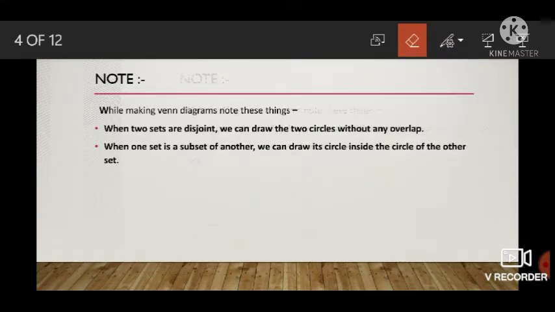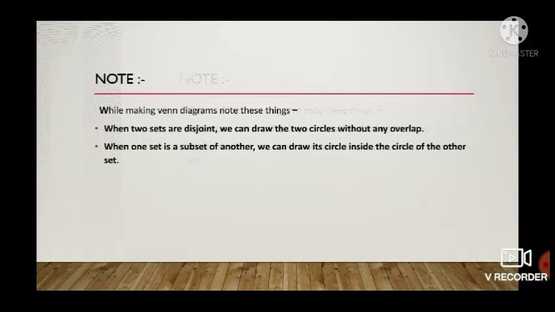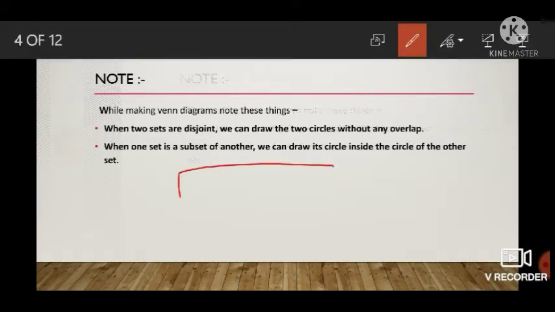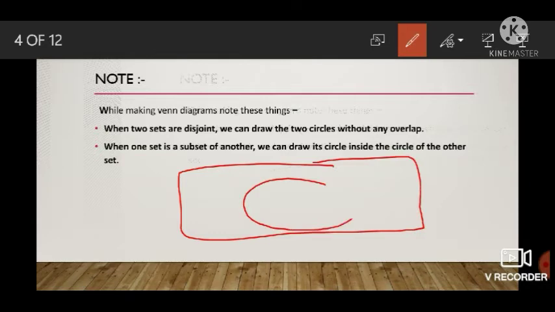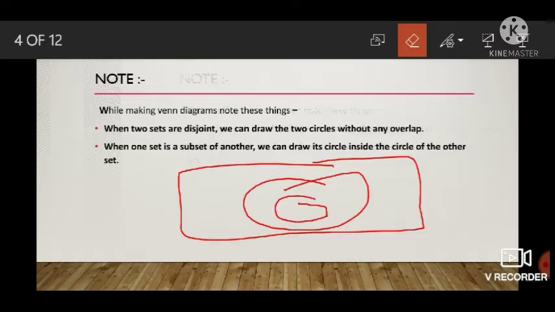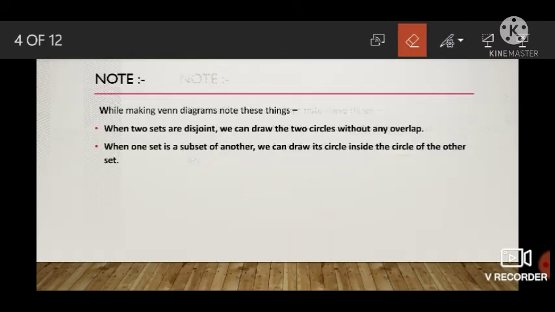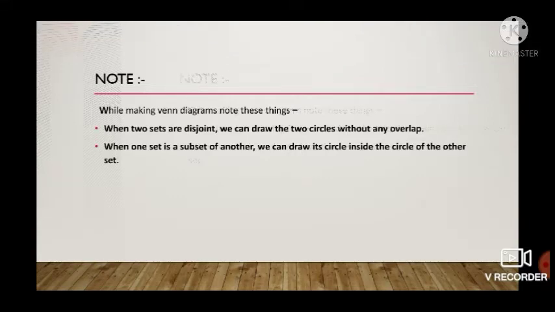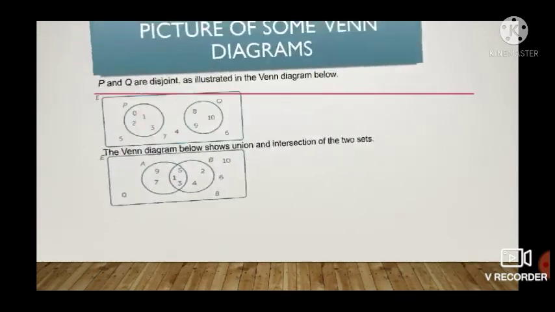And when one set is a subset of another, it is shown inside the other set, because you know very well that if one set is a subset of another, the superset contains all the elements present in that subset. So that's why we show the subset of any set inside it. So these are basic steps while making a Venn diagram.